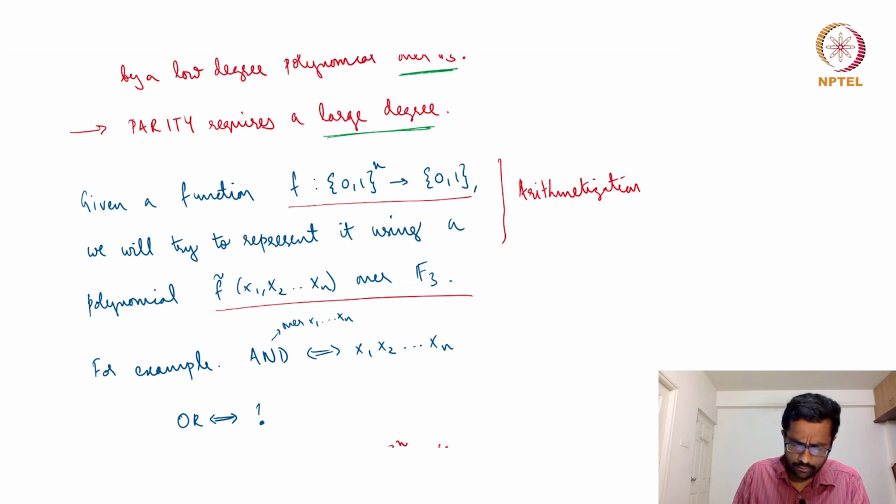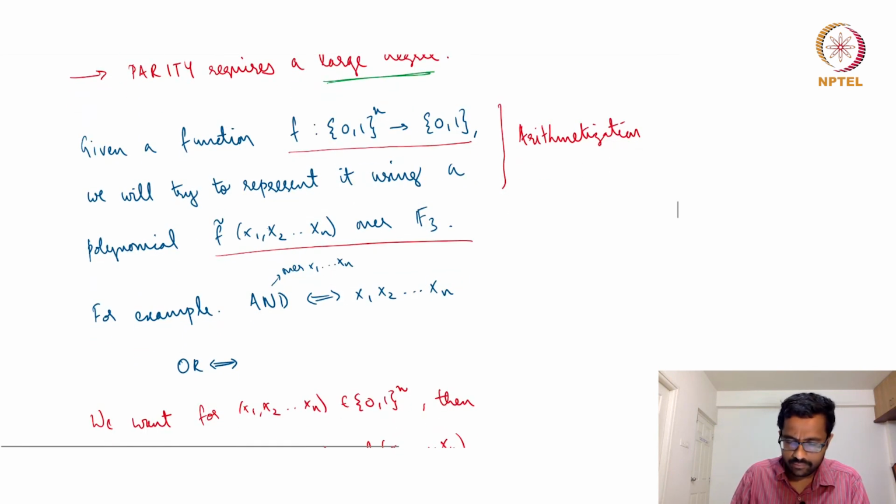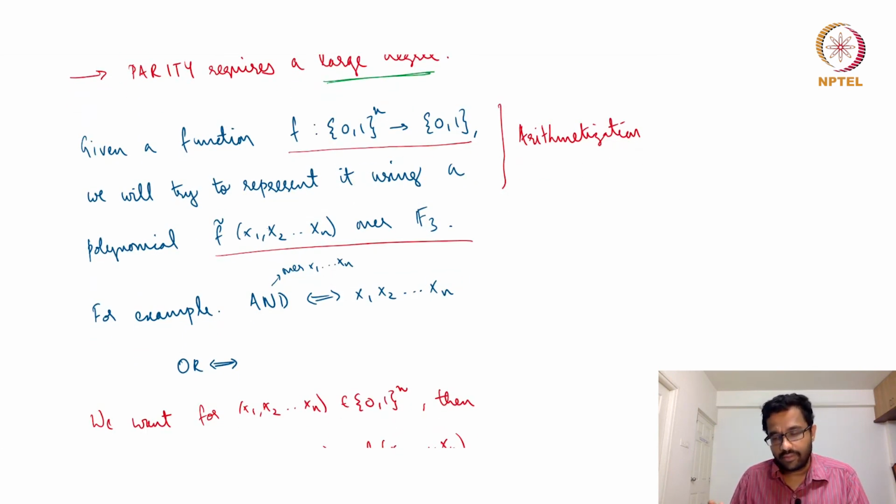How can you write the OR function? So OR is not so straightforward, but one thing we can do is to use De Morgan's laws. De Morgan's law says that negation of AND is an OR of negations, right?